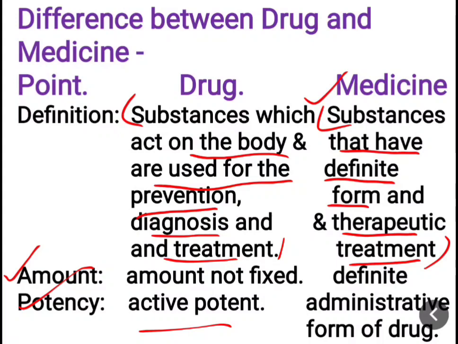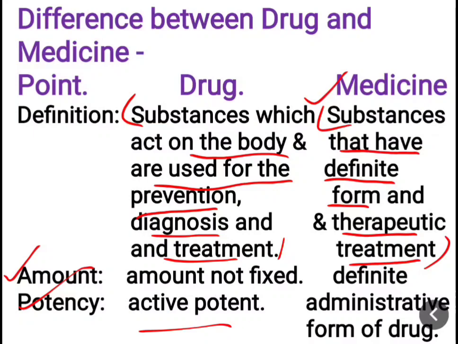That is how we can derive it: a drug's amount is not fixed, and a medicine's is definite, because medicine is nothing but the drug, so when we take the drug in a definite amount, that is considered as medicine. Okay, and when the drug is used in a non-fixed amount, it is termed as a drug. Okay, in this way we can say this.